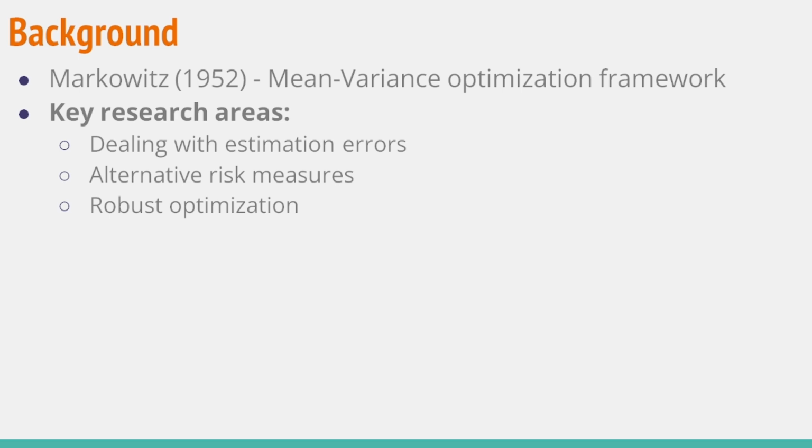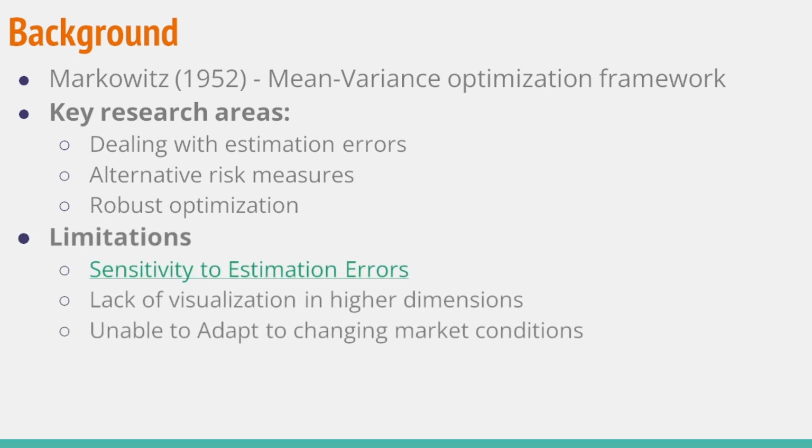And the third area is robust optimization by incorporating uncertainty directly into the optimization process, making the results more resilient to the estimation inaccuracies. Despite these advancements, gaps persist. The traditional framework struggles with three major limitations. It remains highly sensitive to input errors, leading to suboptimal outcomes.